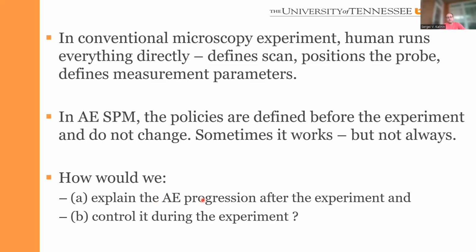And related to that, how do we control it during the experiment? In this case, again, we are going where no one has gone before, neither in microscopy nor in problems like molecular discovery and what not. So the fun thing to do is to see how this logic can be applied for molecular discovery or controlling DFT or whatever.